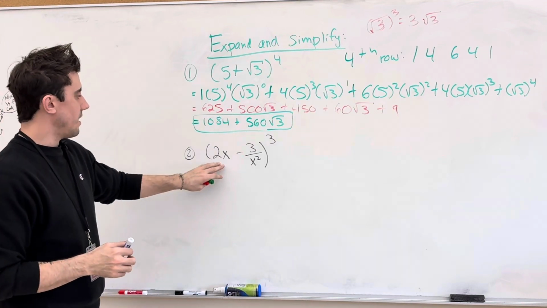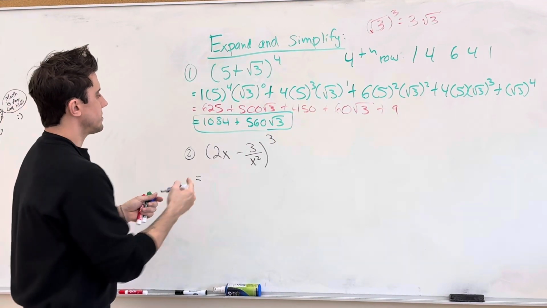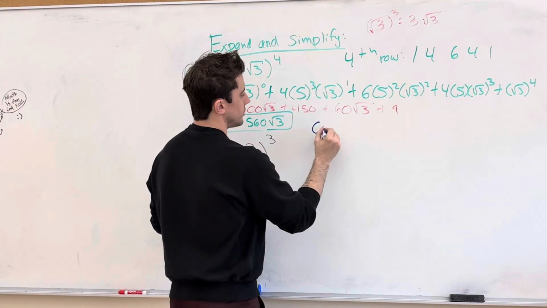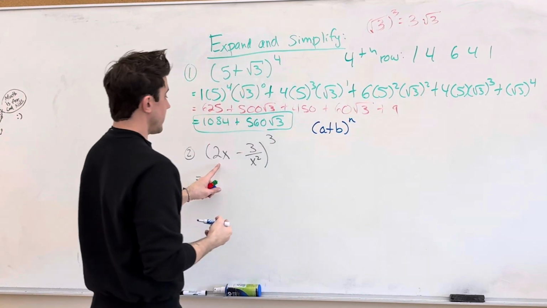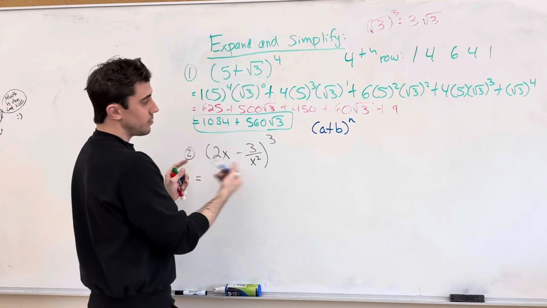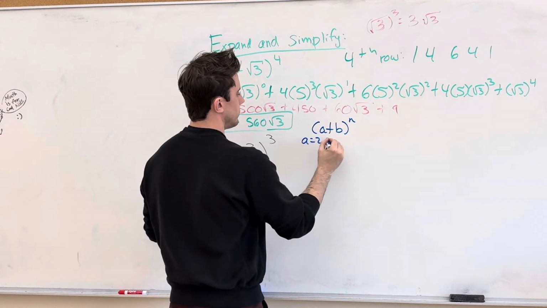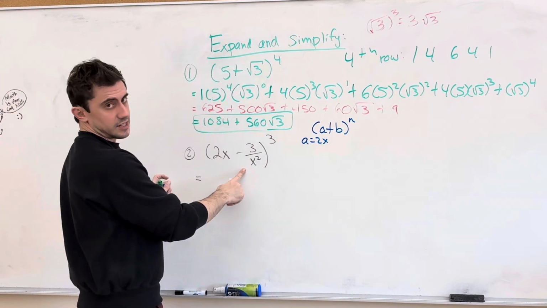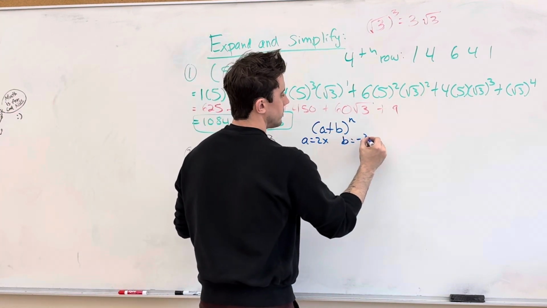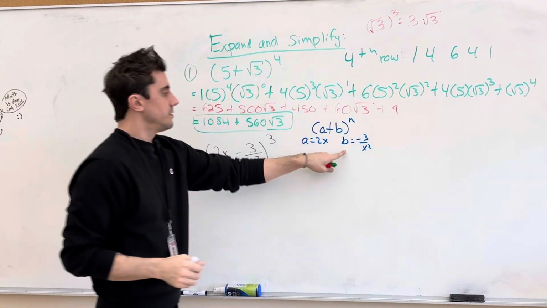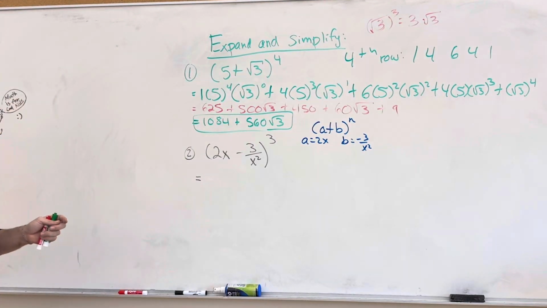For part 2, we have again a binomial, but in this case, because we're used to the general shape of a plus b to the power of n, our a is the first term of the binomial, and so a is 2x. B, let's be careful of our sign here, b is negative 3 over x squared. Every time we see a b, we need to put a negative 3 over x squared.